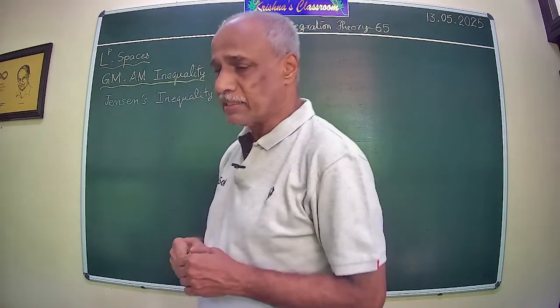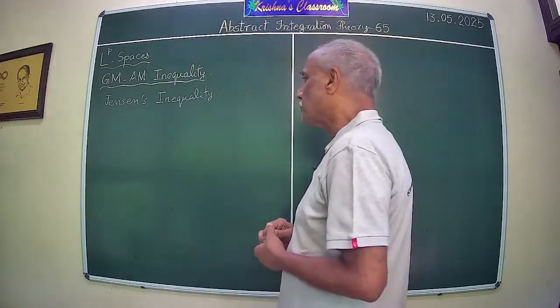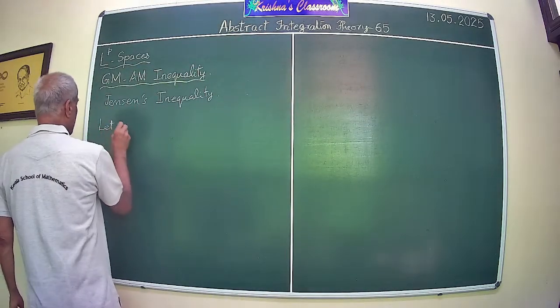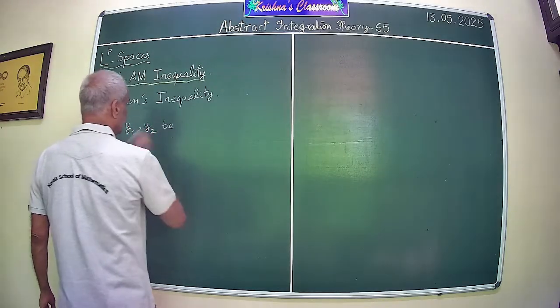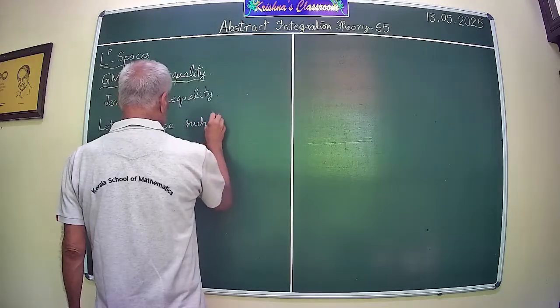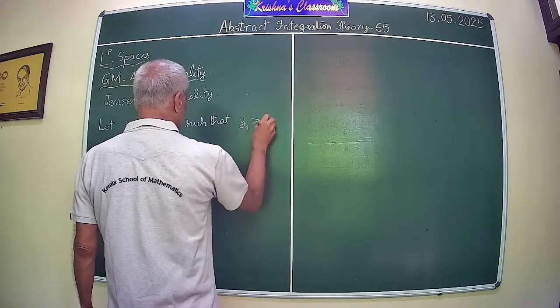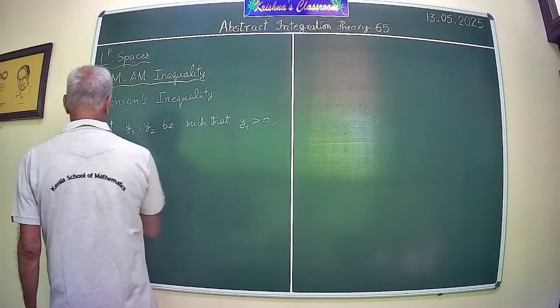What is the geometric mean and arithmetic mean inequality? Let us see this. Let y1, y2 be positive.